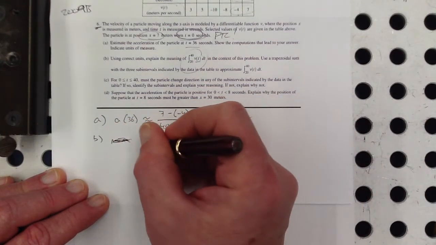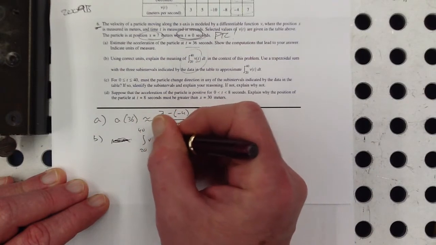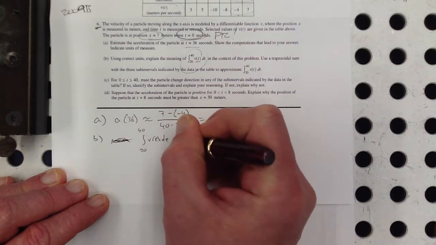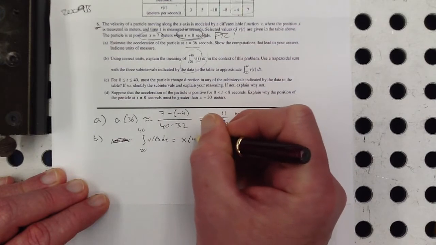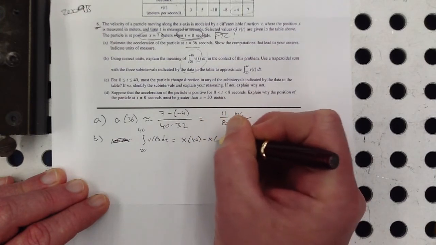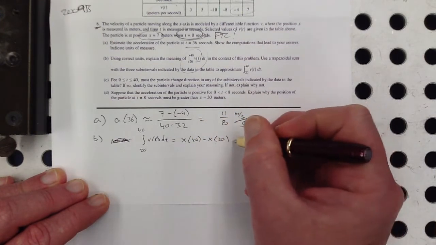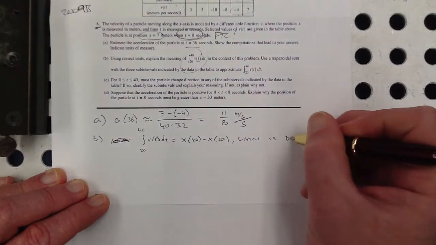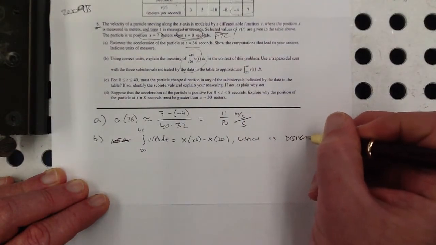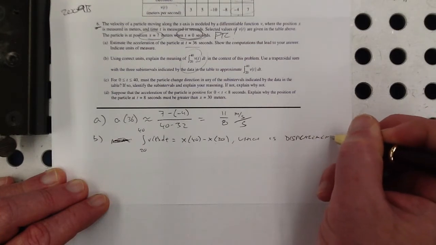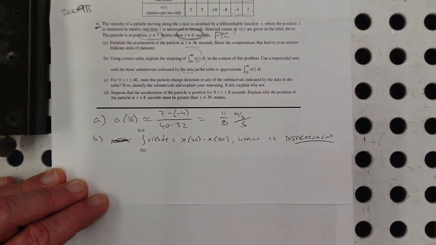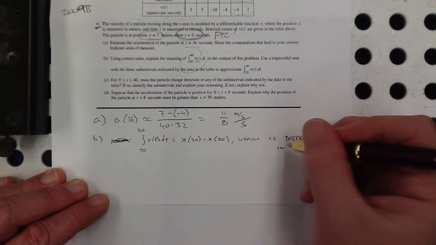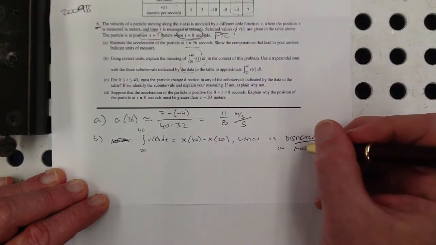So from 20 to 40, that would be the position at 40 minus the position at 20, which is the displacement, and using the correct units, in meters.